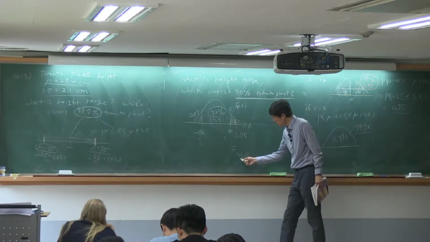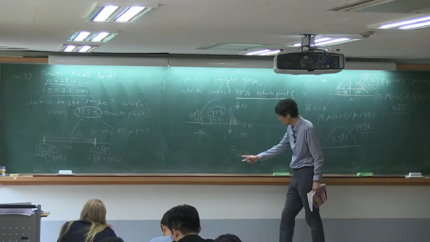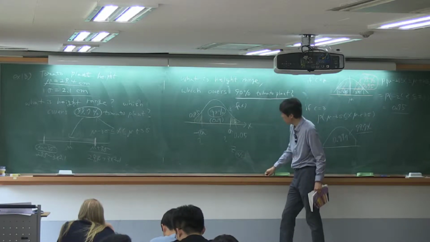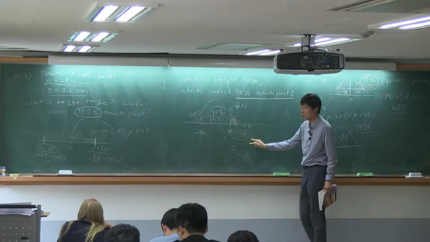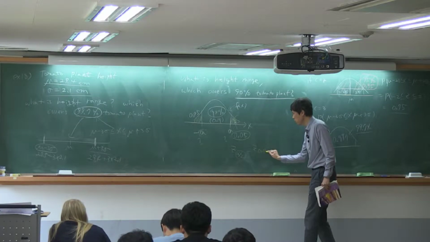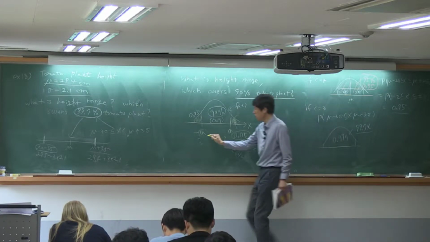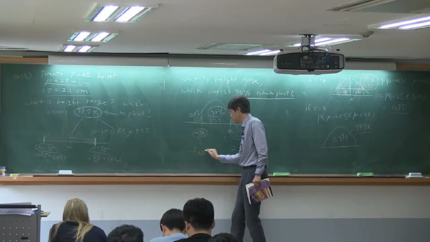Then what is this value? Half alpha means the probability of this area. The probability of this area is 0.05, so this is z 0.05, and this is minus z 0.05.